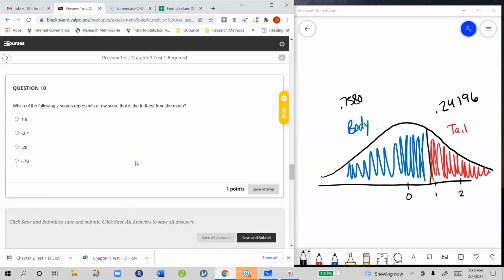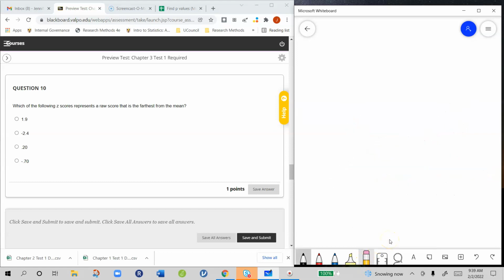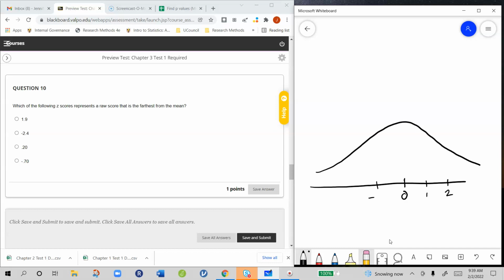Okay. Our next question asks, which of the following z-scores represents a raw score that is farthest away from the mean? So when you're looking at how far things are from the mean, you can start by drawing a normal distribution. And the mean is 0 for z-scores with a standard deviation of 1. So the further things are away from 0, either on the positive or negative side, is how far they are from the mean, right?